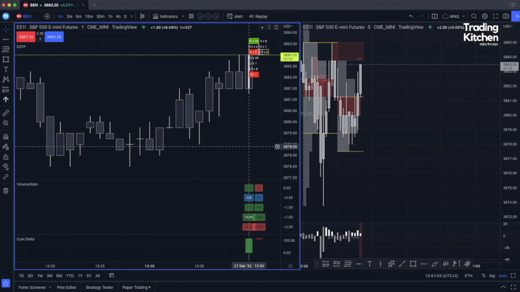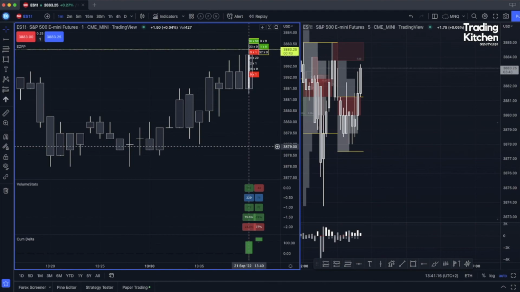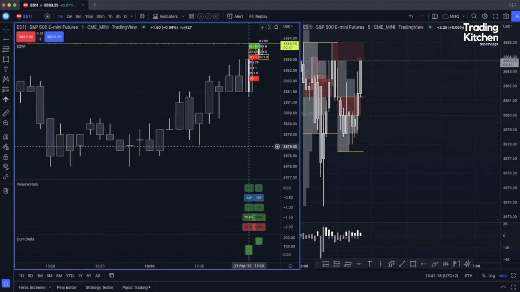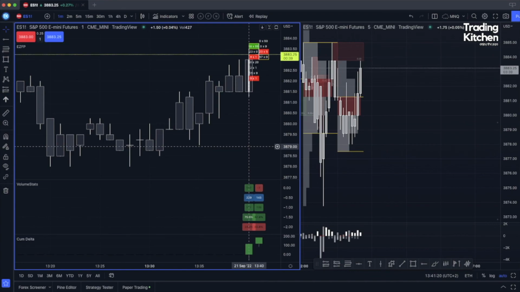And to be honest, it's a pity because in terms of graphics, in terms of interface, in terms of social sharing, for me it is the best platform ever. TradingView.